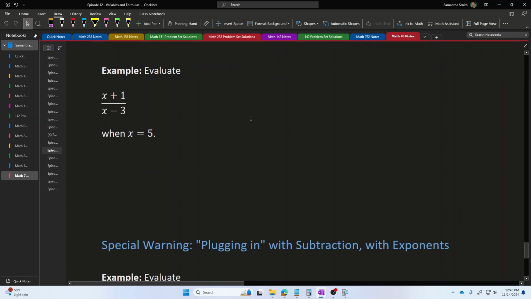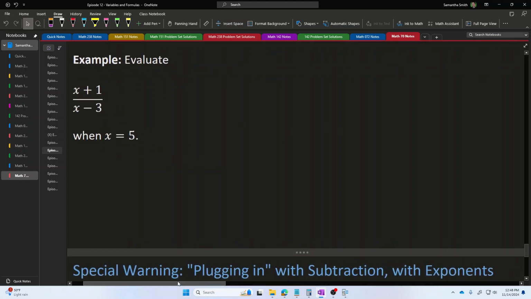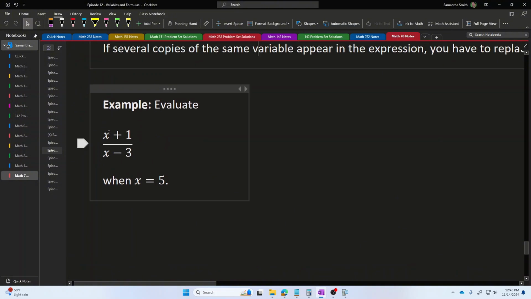So for example, someone says, okay, I had a number x and I did not know what it was, but I wrote down this expression to capture some instructions and calculations that I'm supposed to do later once I figure out what x is equal to.